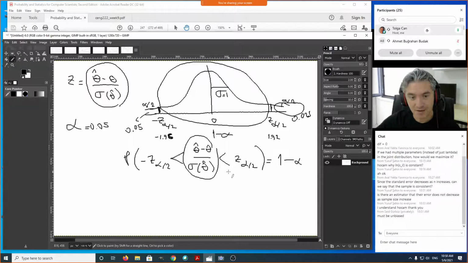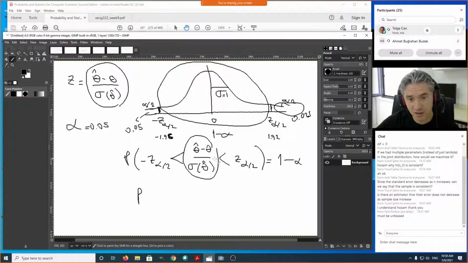Now, we have an equation at hand which contains the standard deviation, our standard random variable, and these minus z alpha over 2 and z alpha over 2, and 1 minus alpha. In order to have this probability, we can also take this theta out. So we want to say, for example, what is the probability that theta is in between these two things?